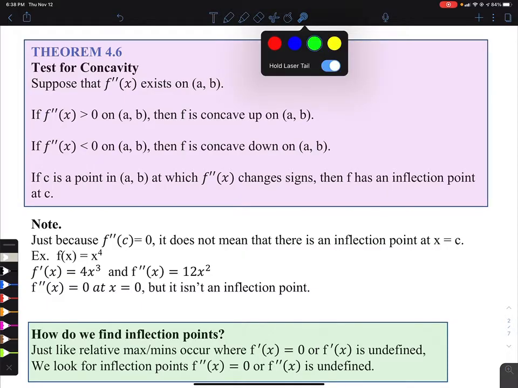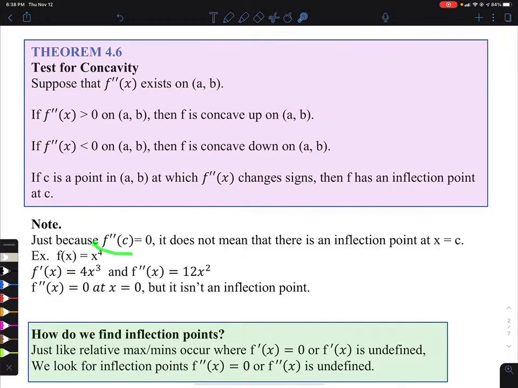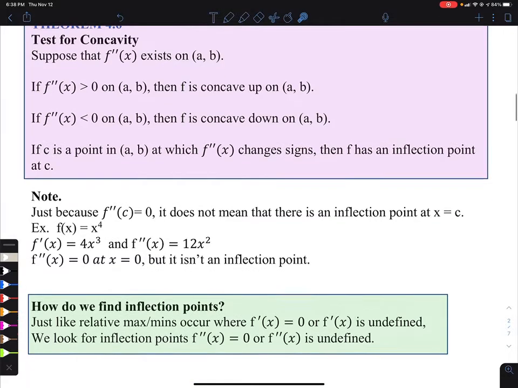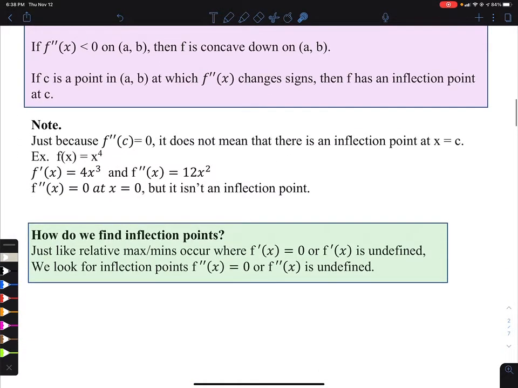Couple of notes. Just because a second derivative is 0 doesn't mean that there's an inflection point. Okay? But if you're looking for an inflection point, it's going to occur where the second derivative is 0 or the second derivative is undefined. Okay? So this is similar to what we just did in our last homework. I'm going to make a connection here.